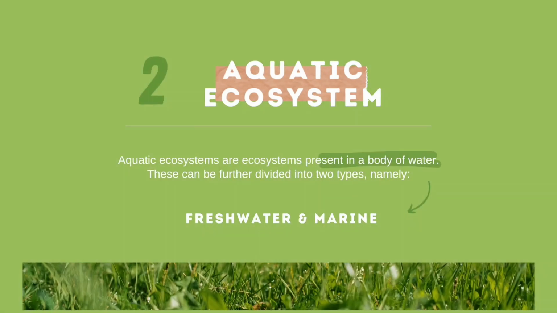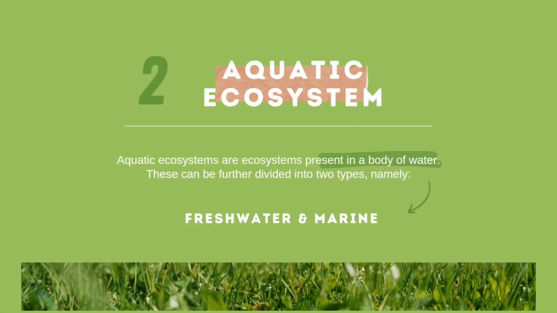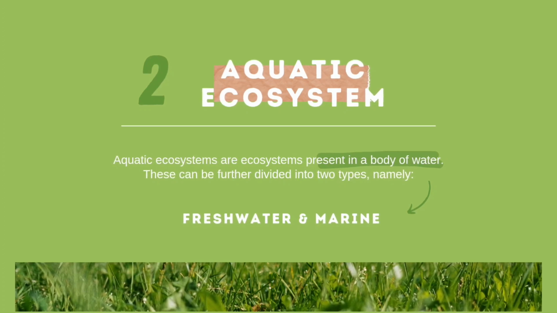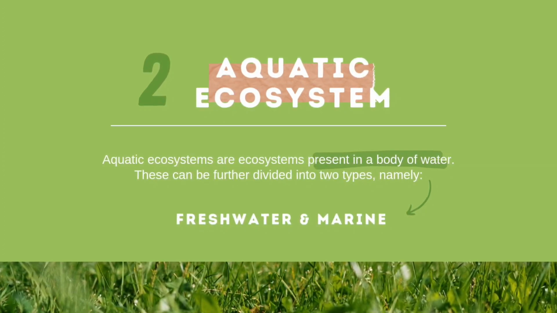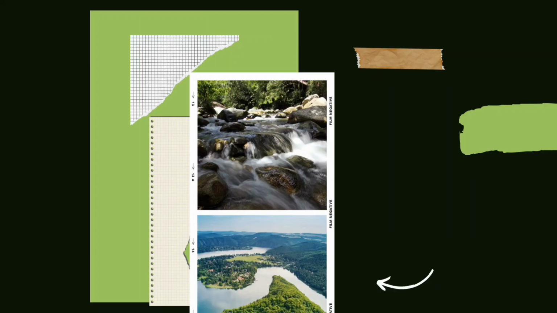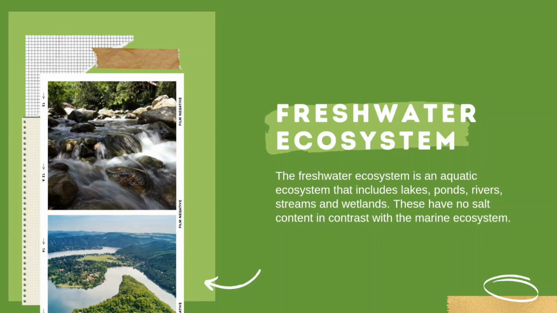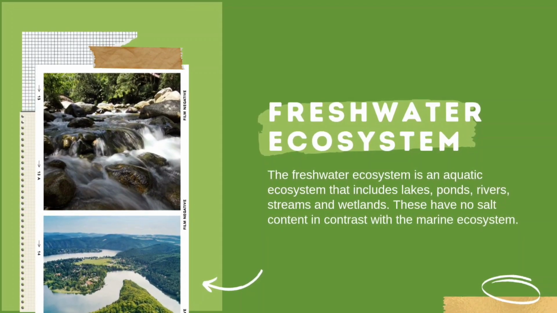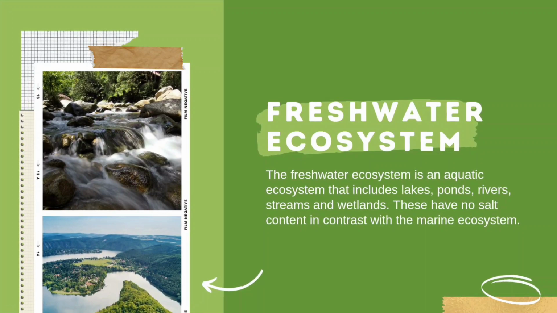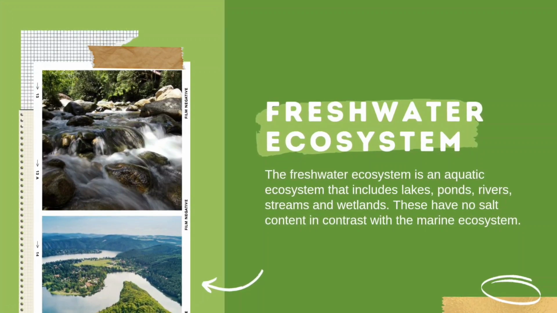Aquatic ecosystems are ecosystems present in a body of water. These can be further divided into two types, namely freshwater and marine aquatic ecosystem. Freshwater ecosystem. The freshwater ecosystem is an aquatic ecosystem that includes lakes, ponds, rivers, streams, and wetlands.